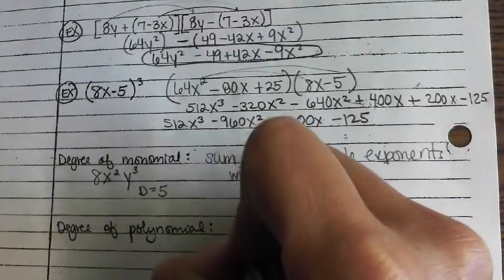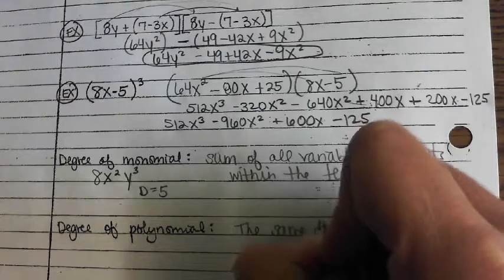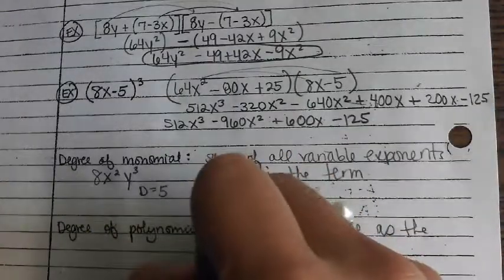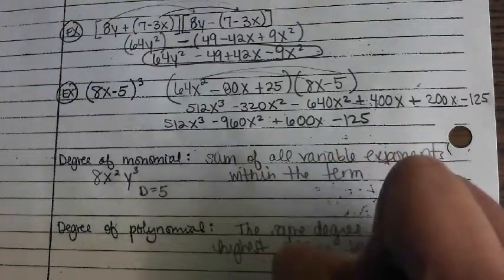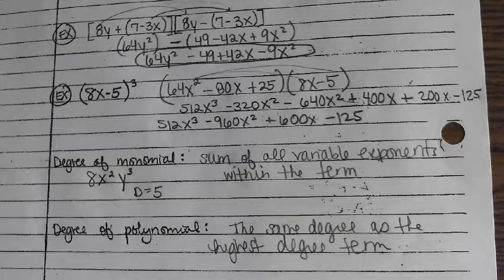So it's the same degree as the highest degree term. So that monomial has the highest degree of 3, so that is the degree of the entire polynomial. Okay? So just some vocab there.